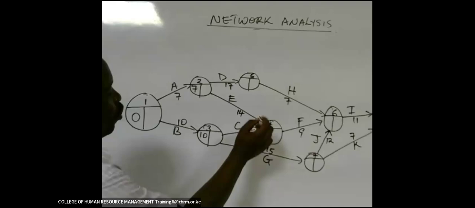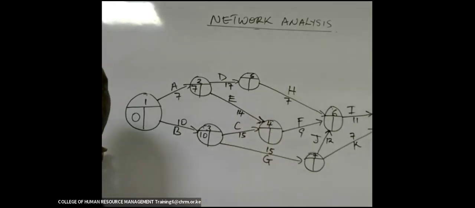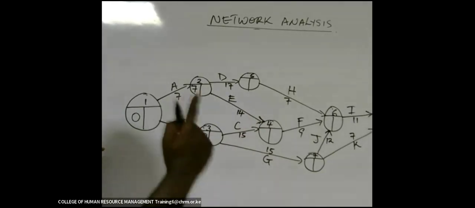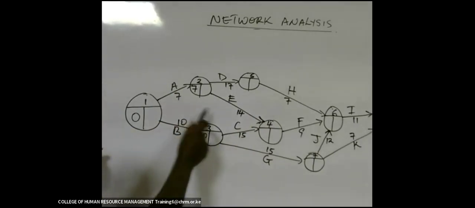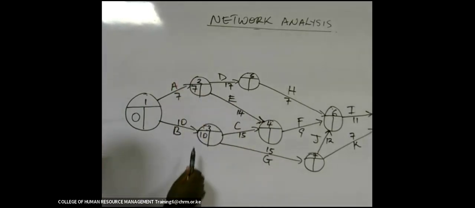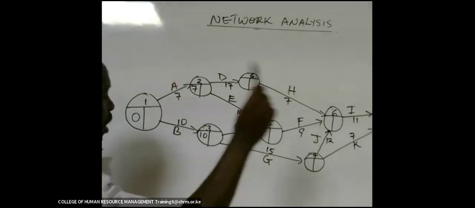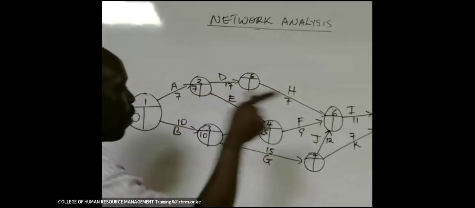Then here we have got 2 arrows that are pointing to this particular event. We want to know which one gives us a higher time estimate when we combine them with the predecessor. So to come here, it is either 7 plus 14, 21, or 10 plus 15, 25. So we take the higher figure when we are moving forward.